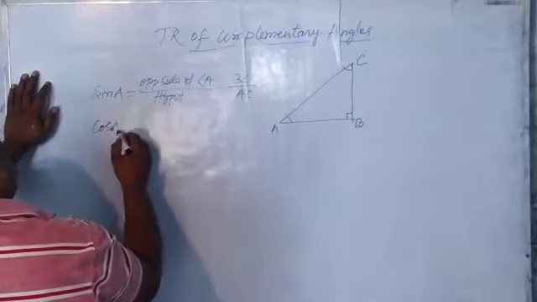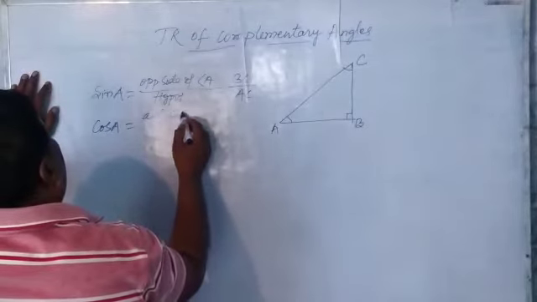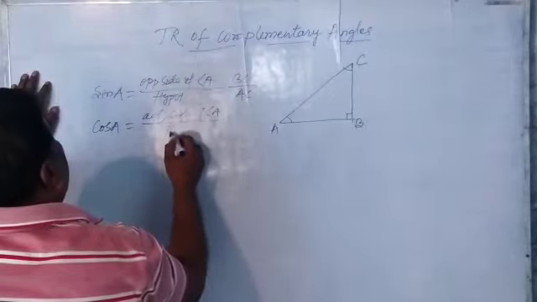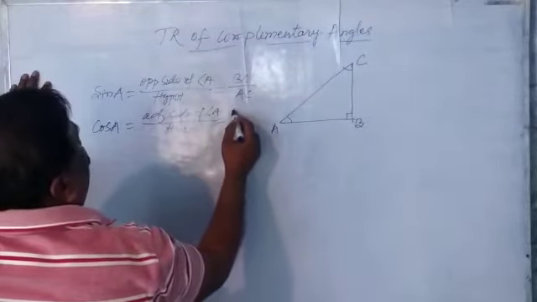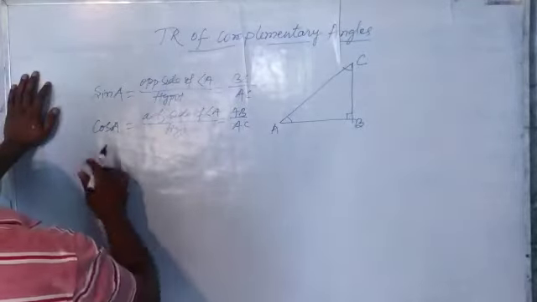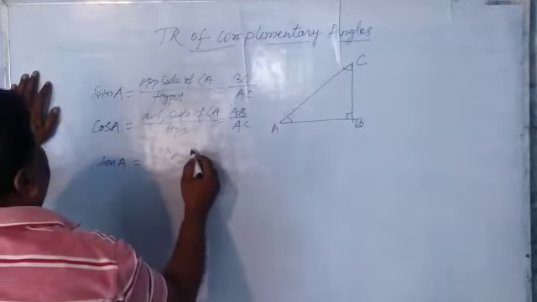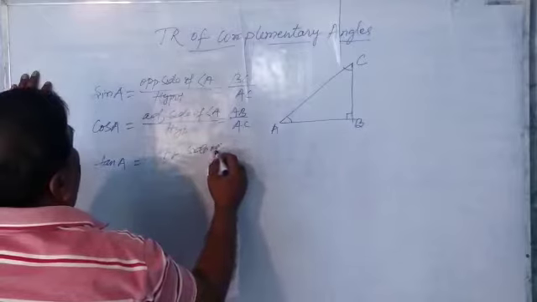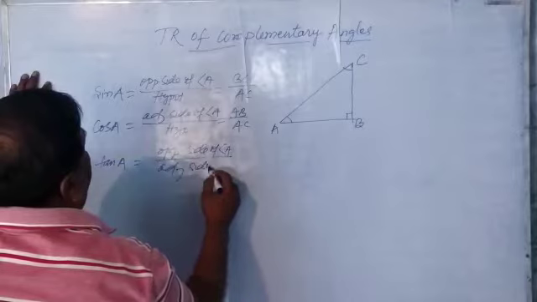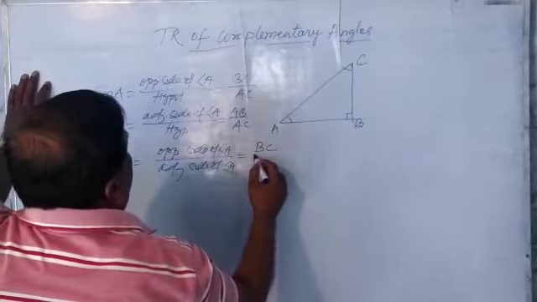Similarly for cos A, adjacent side of angle A by hypotenuse, which is equal to AB by AC. And tan A is equal to opposite side of angle A by adjacent side of angle A, which is equal to BC by AB.